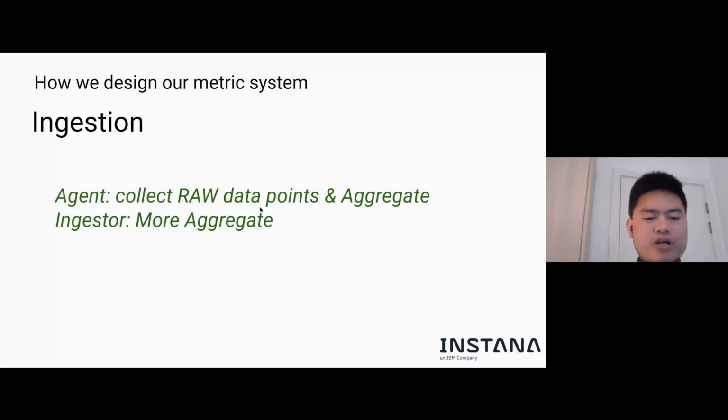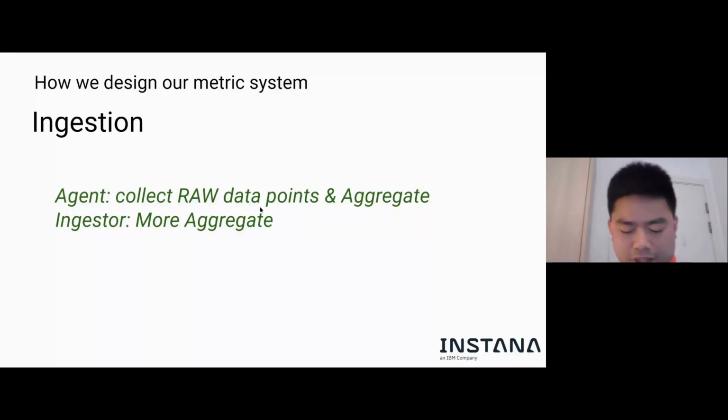So why do we care about aggregation in the ingester? We already have aggregation in the agent. Why do we really care about the ingester too? Actually, this is very important. The reason is that the metrics can be aggregated at the agent, but multiple agents from multiple containers can publish exactly the same metrics.